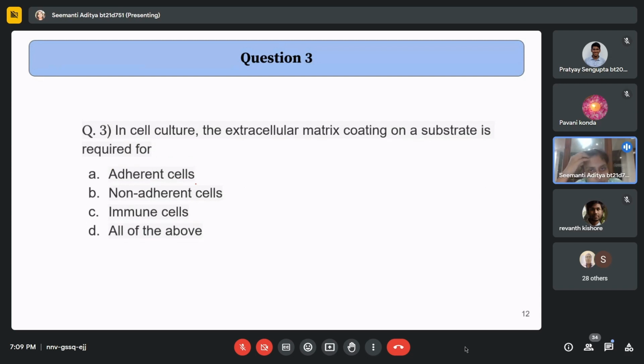So in cell culture, the extracellular matrix coating on a substrate is required for what kind of cells?